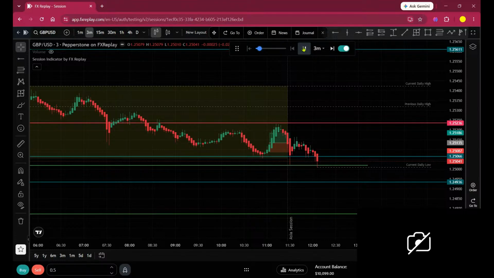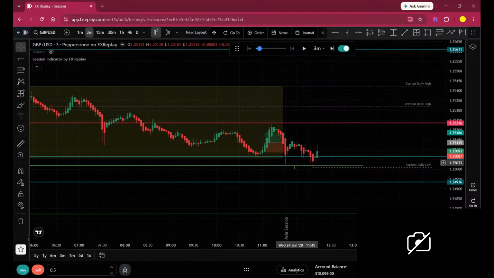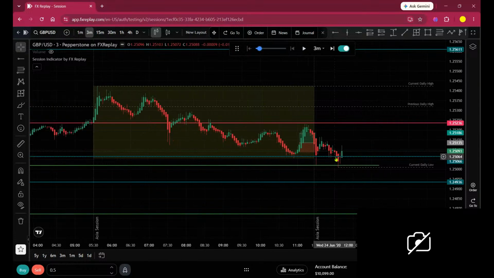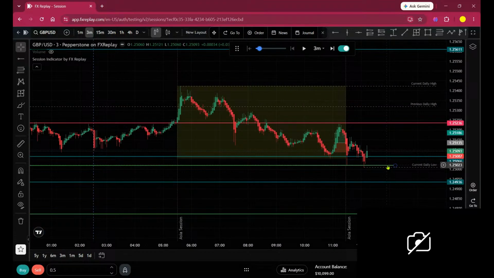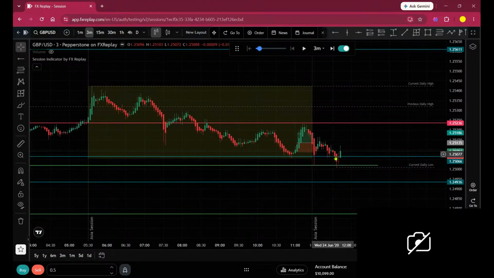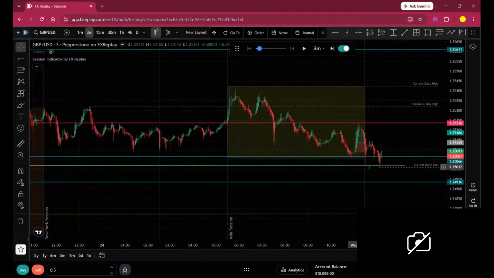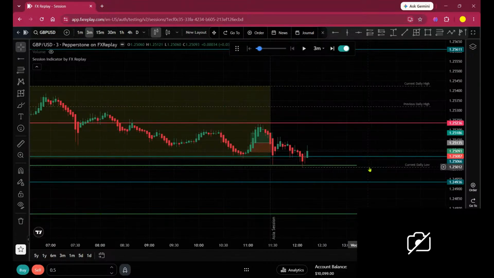Now let's see. Here it should go buy side. I am saying this because the market respected this one, it swept this one, and this candle has formed. We can take a risk. Okay, let's take a risk.